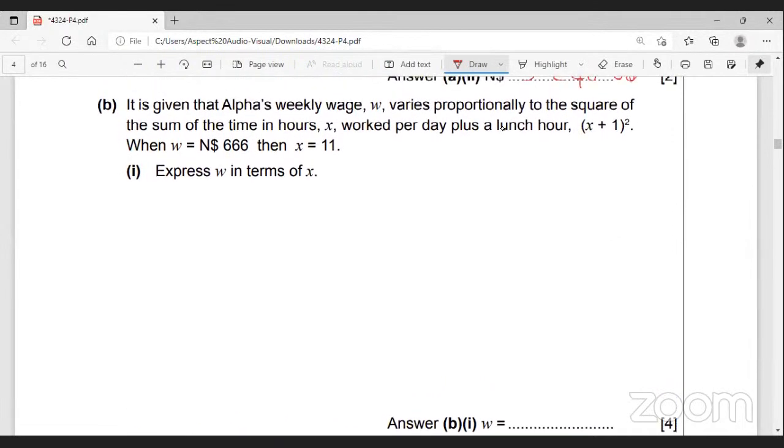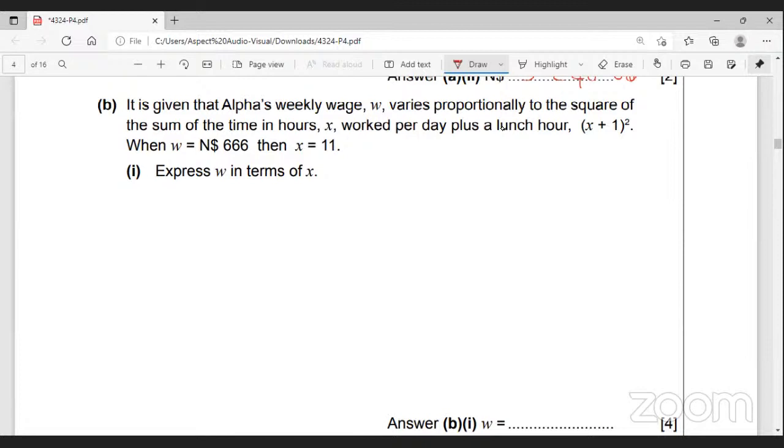All right. It is given that Alpha's weekly wage W varies proportionally to the square root of the sum of the time in hours worked per day plus a lunch hour, which is x plus 1 squared.